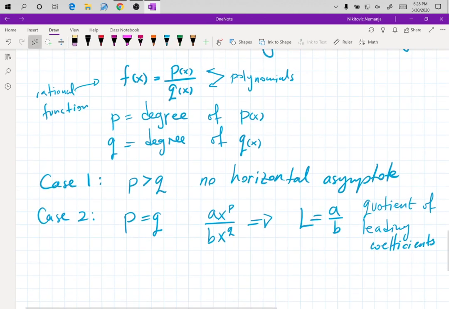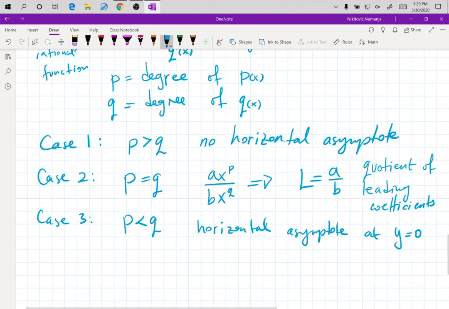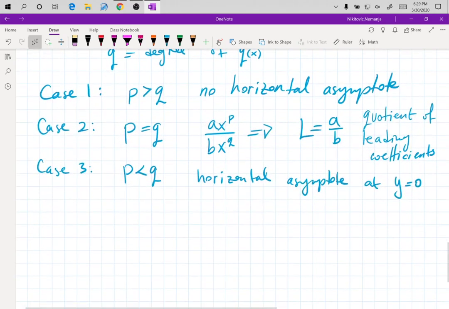And finally, case 3, P less than Q, our horizontal asymptote is at y equals 0. So that's 3 cases.